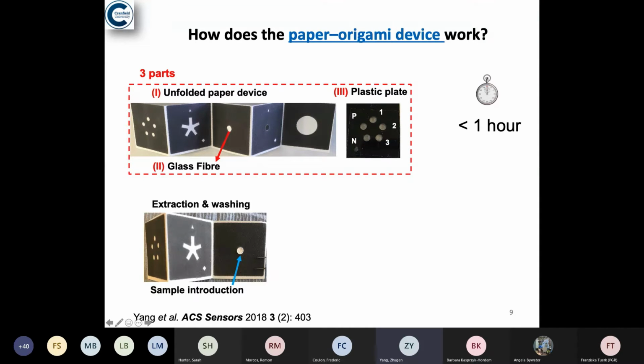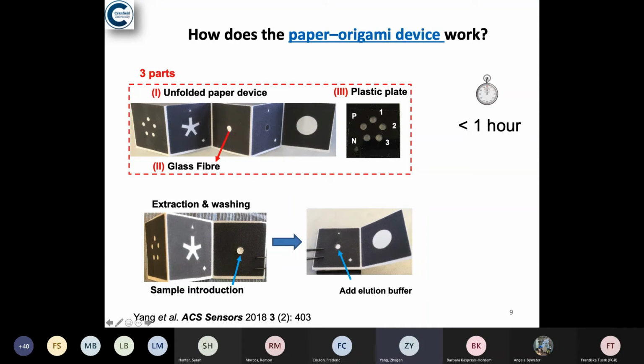So what we do is that we first get samples lysed and introduced onto this sample device. As we mentioned, because of the electrostatic interaction, the nucleic acid can first adsorb on this glass fiber, and then after washing off the residues, we can elute this nucleic acid into this small cassette, and then distribute it into several channels to achieve multiplex detection.